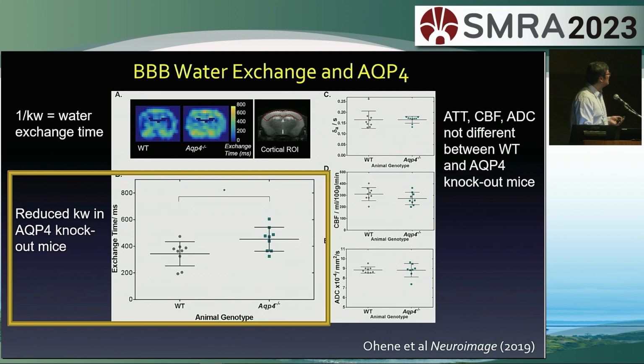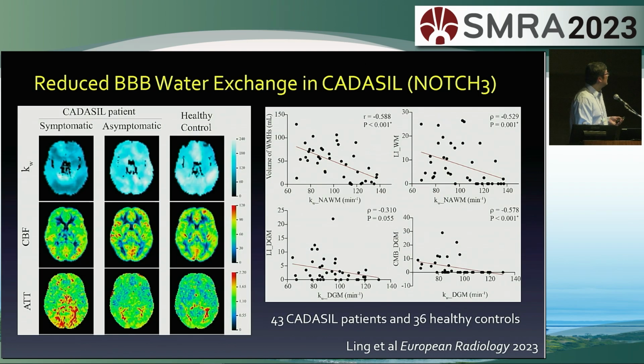Exchange time is 1/KW, which means KW decreased. In comparison, nothing changed with ATT, CBF, or ADC. So this supports a mechanism where decreased AQP4 function reduces KW.